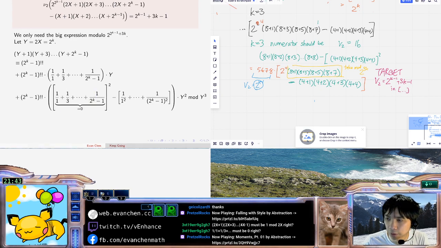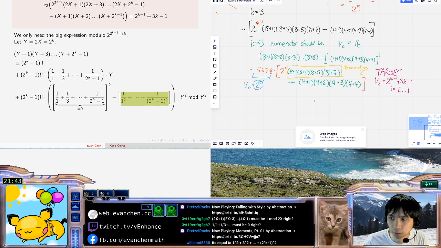Okay, so this one's definitely 0. This one should be 0 as well for k at least something, because mod y, this will be a sum of squares. So it'll be the sum of squares of things up to y over 2 times 2 or something like that.